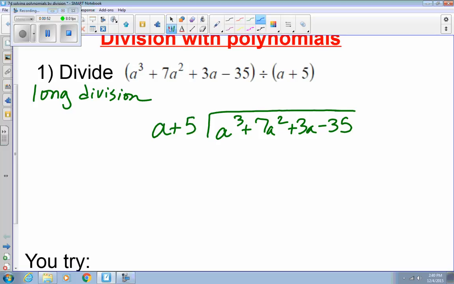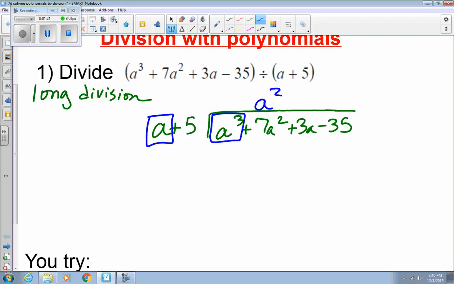Set it up the same way as when you did just numbers. You look at the first term of what you're dividing, and divide it by a first. So a to the third divided by a is a squared.